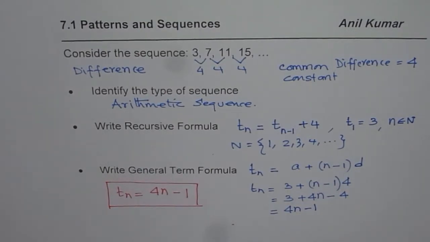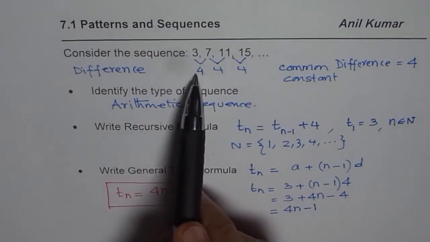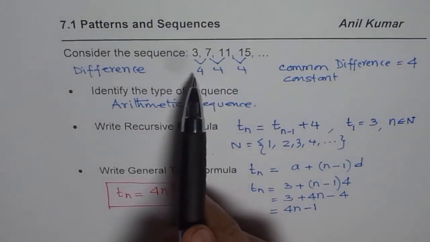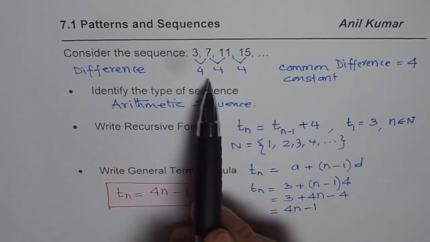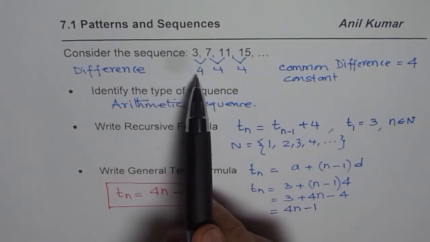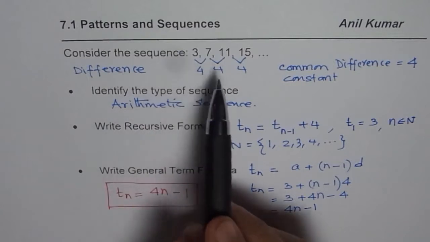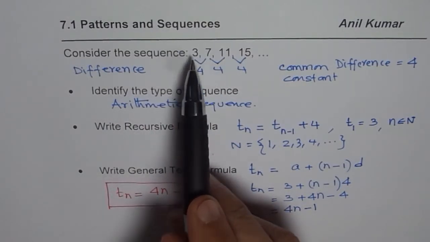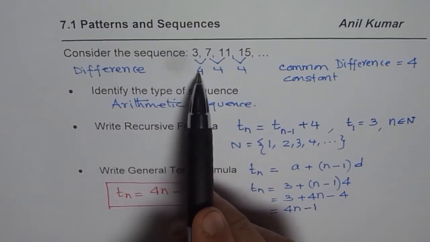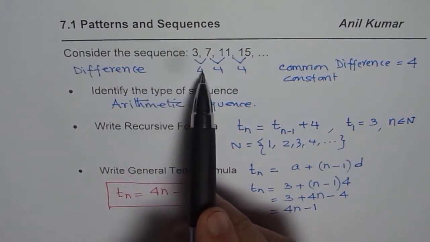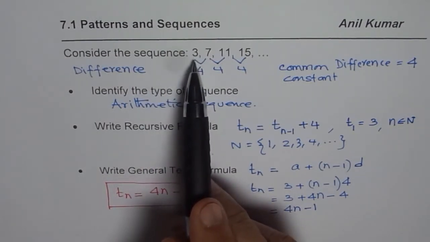Now, you could actually write this formula directly also without going through all this. And the method is like this. We found that the common difference is 4. Now 4 is added each time. That means each number is kind of related with 4. Now the question is, first term is 3. 4 times 1 is 4.